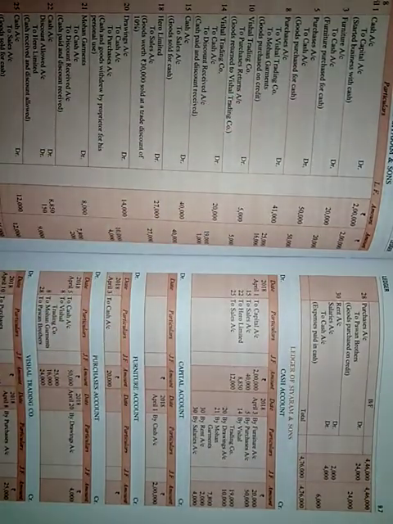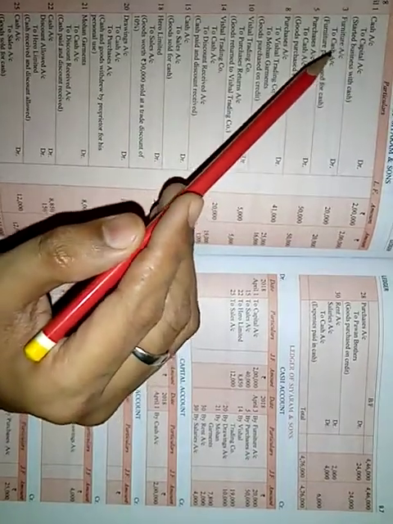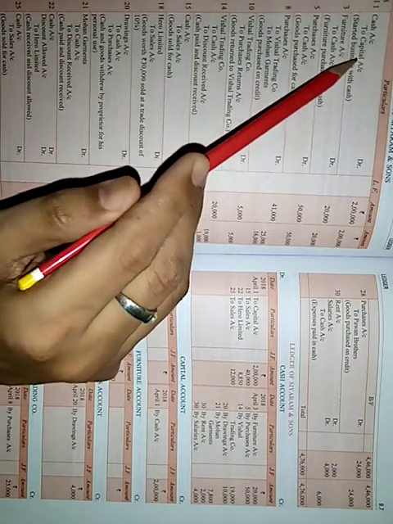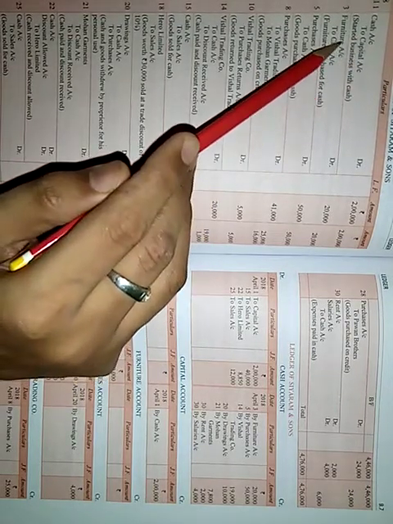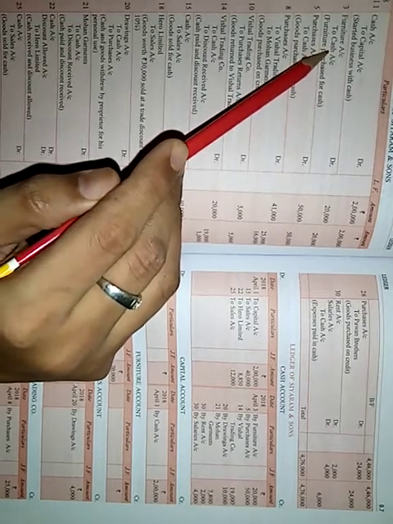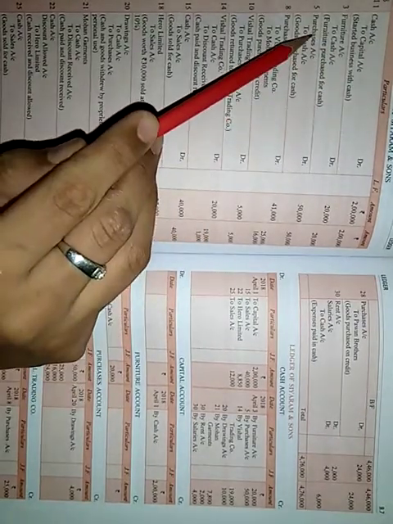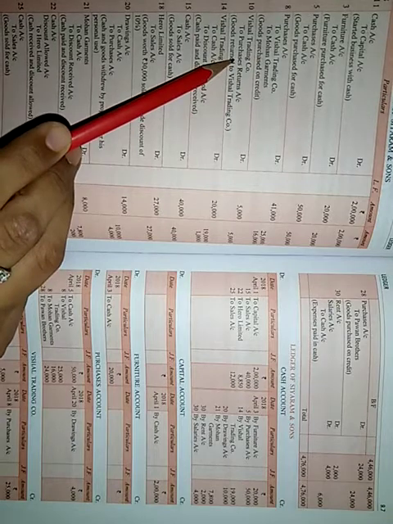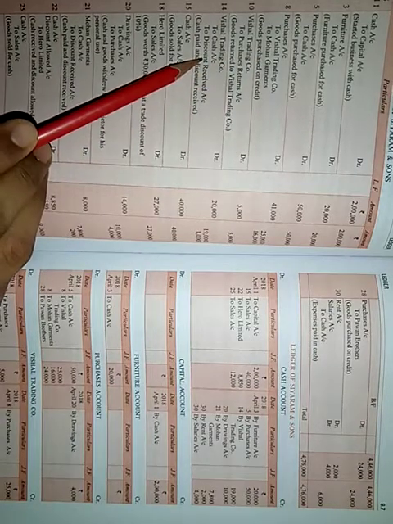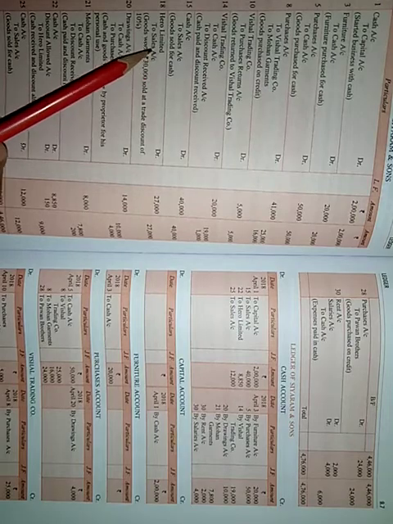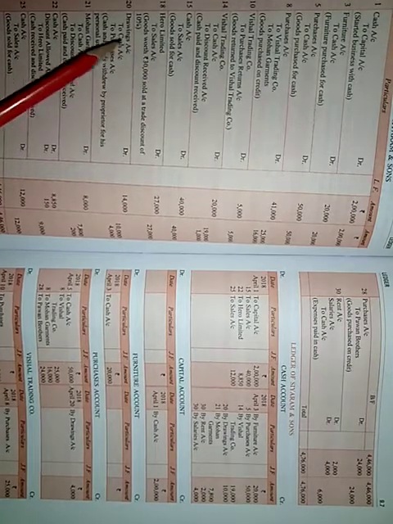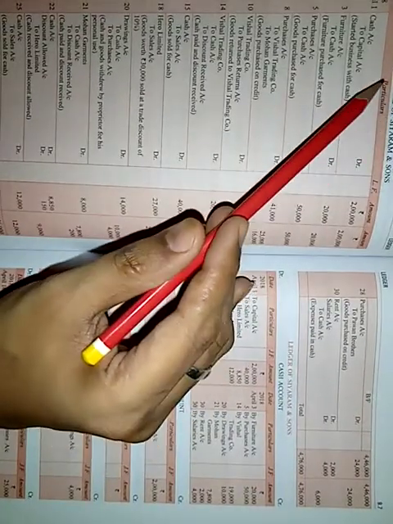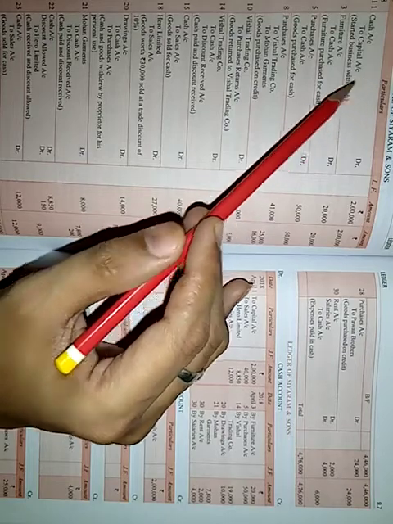And we can see here that so many accounts we have used in this question, like cash account, capital account, furniture account, purchase account, Vishal Trading and Company, Mohan Garments, purchase return, discount received, sales account, Hero Limited, drawings account, and so on. So there are so many accounts we have used in this illustration in the journal entries.